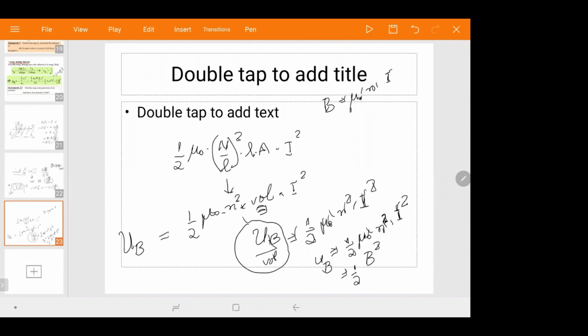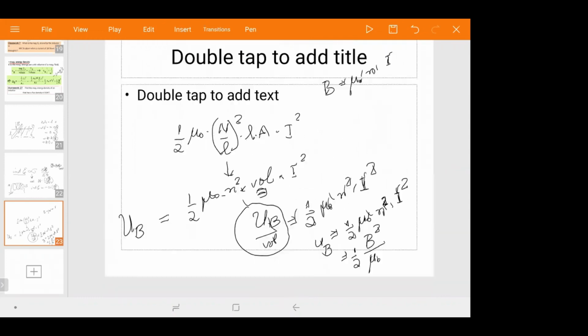B squared means mu 0 squared times n squared times I squared. But there is only one mu here, so to compensate, you have to divide the denominator 2 by mu 0. Pronto. Magnetic energy density is a very elegant, simple formula: a half B squared over mu 0.